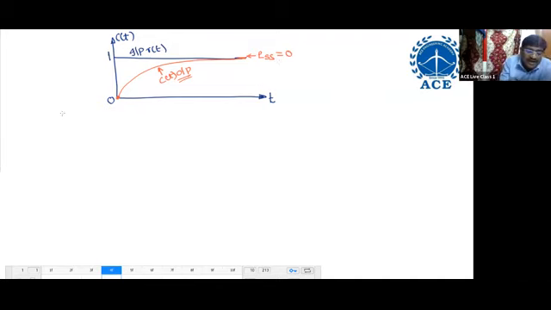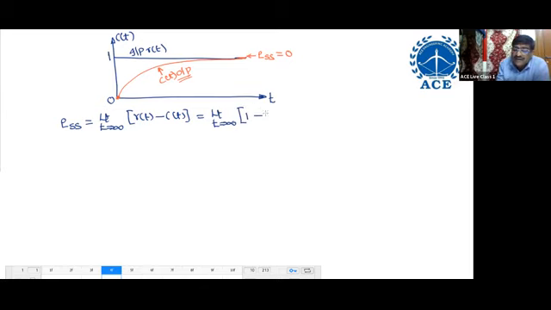You find it yourself. What is the formula for ESS? Limit t tends to infinity of R of t minus C of t. What is R of t? 1. Minus what is C of t?